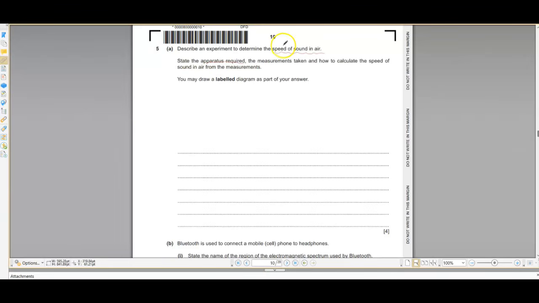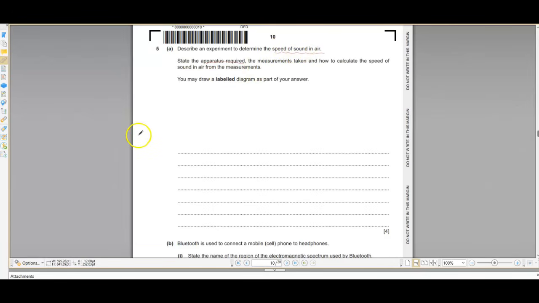But this experiment is very important. You should learn these experiments because I've seen this question once or twice before in past paper questions. So you should know how to calculate the speed of sound in air. Refer to your notes, your books, or wherever you study from, the websites, etc. And do remember one experiment to determine the speed of sound in air.